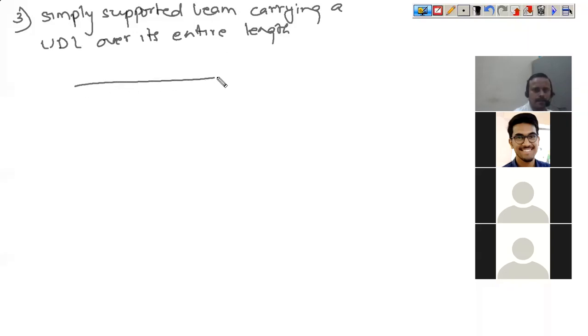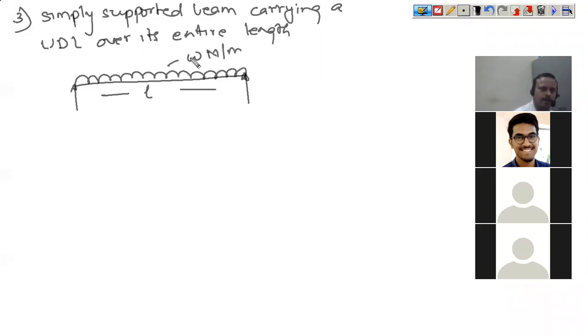So let us say you have a simply supported beam of length L and it carries a uniformly distributed load of w Newton per meter, small w, this is not capital W, so remember, small w Newton per meter over its entire length.